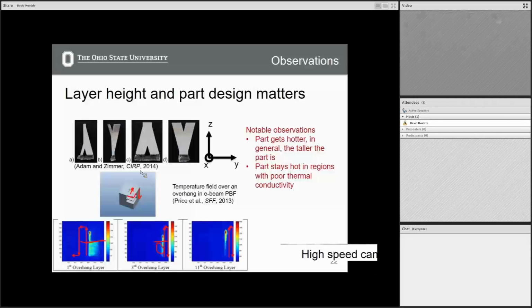So what they did in this experiment is, from a design point of view, a really bad idea. If you actually wanted to produce anything, you would never build a part like this. You'd actually rotate it 90 degrees in this direction to get that to build correctly.